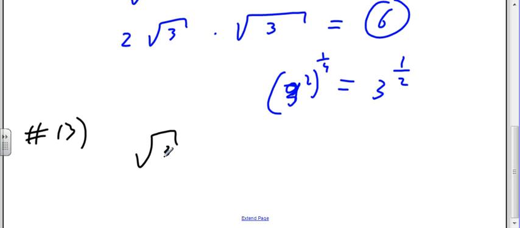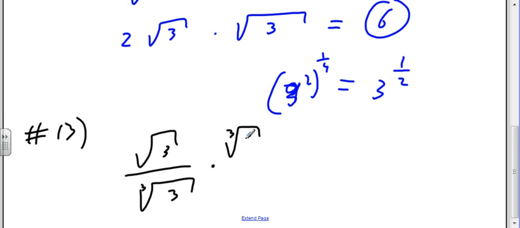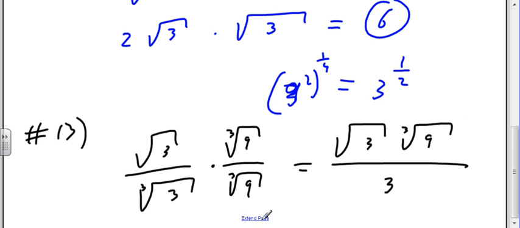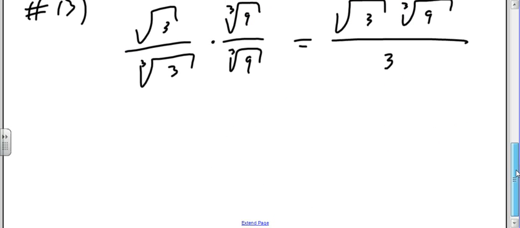The square root of 3 over the cube root of 3. And we need to rationalize the denominators. Okay, so I'd multiply this by the cube root of 9 over the cube root of 9. And then I'd have square root of 3 cube root of 9 divided by 3.